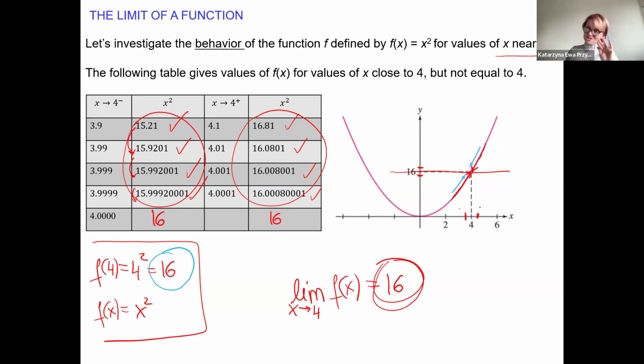That's what I want my students to know, that this blue 16 is different from the red one. The value is different from the limit, which numerically is 16 and 16. That means it is the same number, but the concept is a little bit different. Value means we are exactly at that number. Limit means that we are approaching this number. Okay.